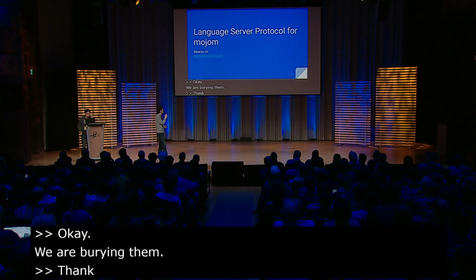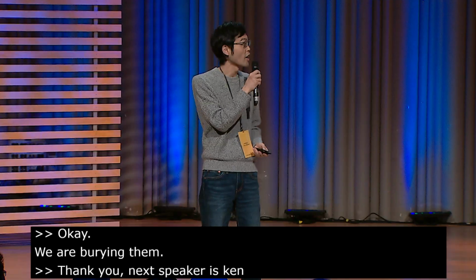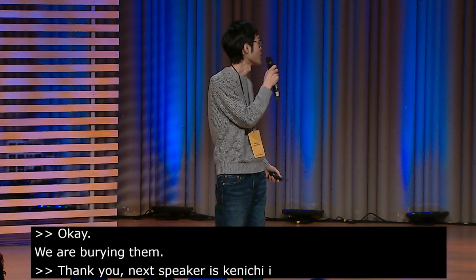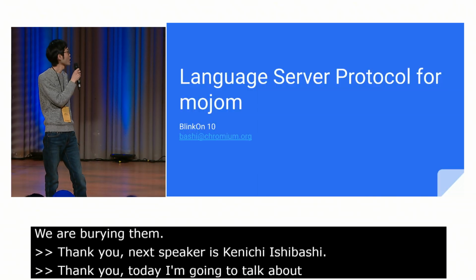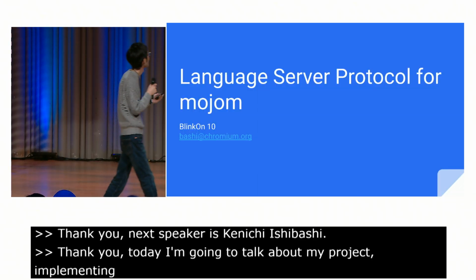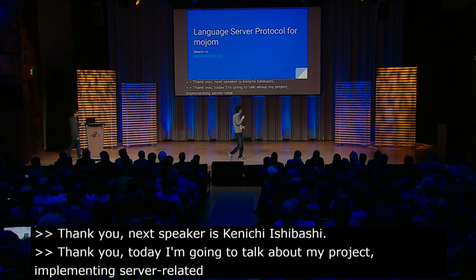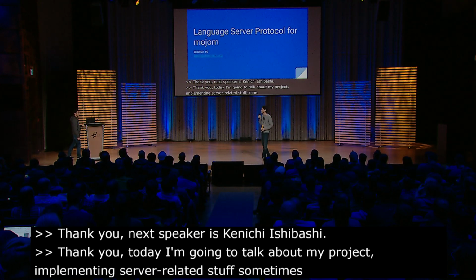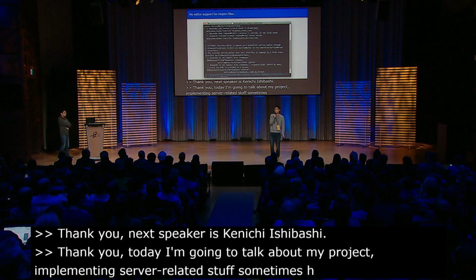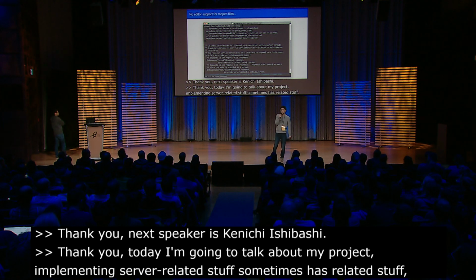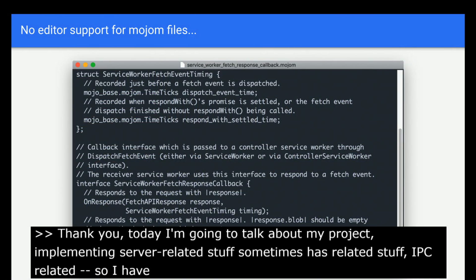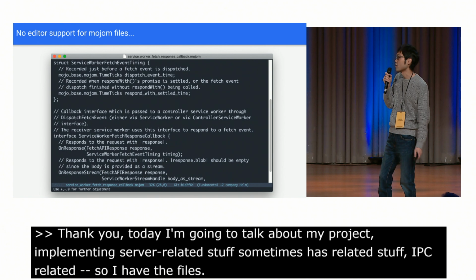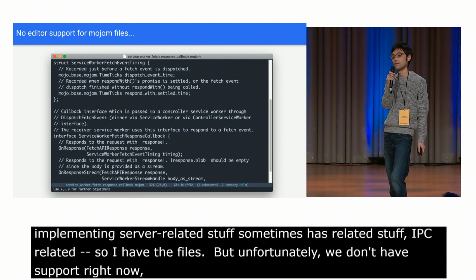Hi, this is Kenichi from the Blink Worker team. Today I want to talk about my hobby project. Implementing service worker related stuff sometimes involves IPC, so I have to modify mojom files sometimes. But unfortunately, we don't have good editor support right now compared to other languages like C++ and JavaScript.